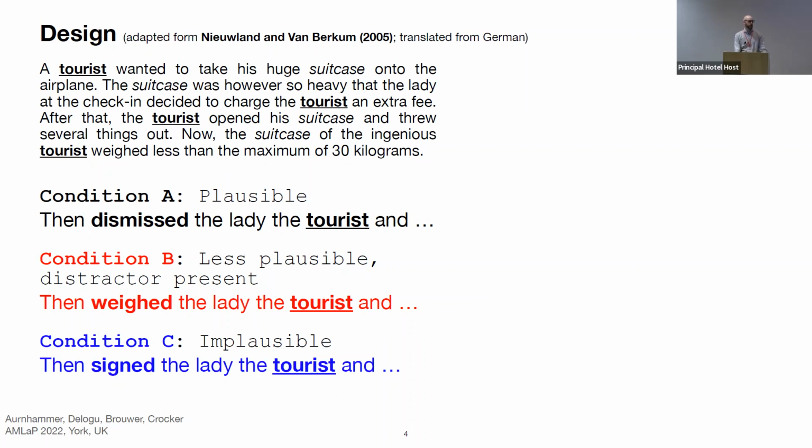Now, several things that we implement in this design. First of all, we use a context manipulation here. And this, of course, has several nice effects. We don't have to worry about frequency differences and all that stuff. Second, we employ a lexical repetition here, right? Because the word tourist we've actually already seen 4 times in the context paragraph.